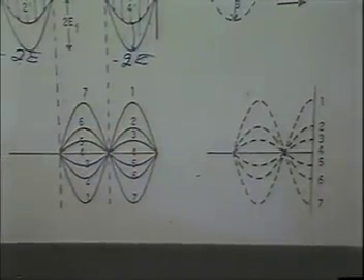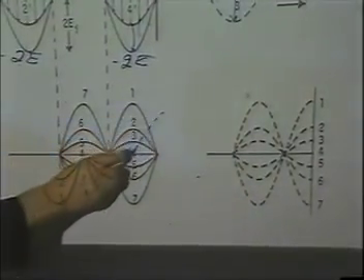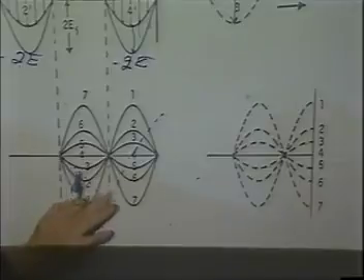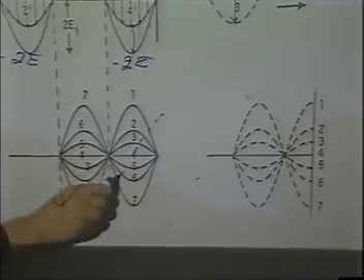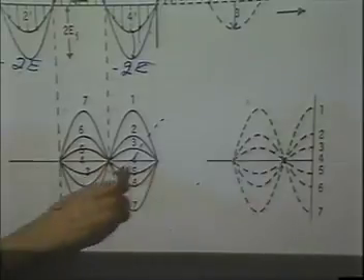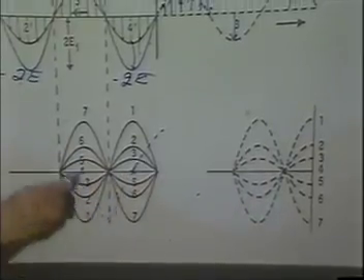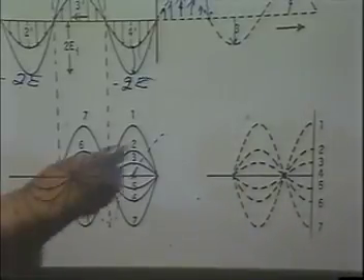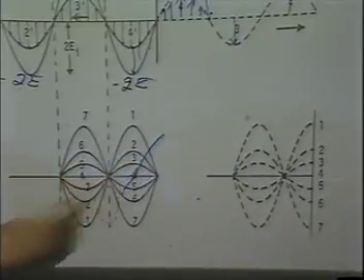And if you drew that on here, you can see it would look like this. I drew it a little bit wrong here. This is a 0 at this point here, 0 at this point here. It'd be a maximum down here and back to 0 here. So that this waveform here is the current waveform.